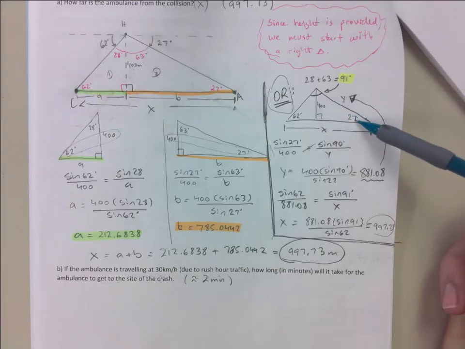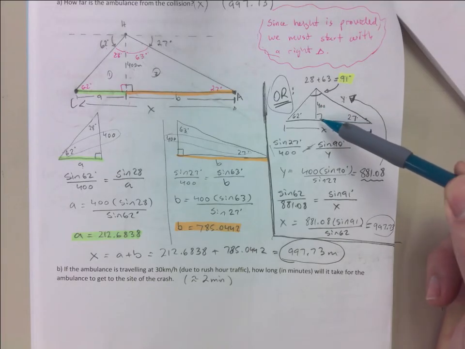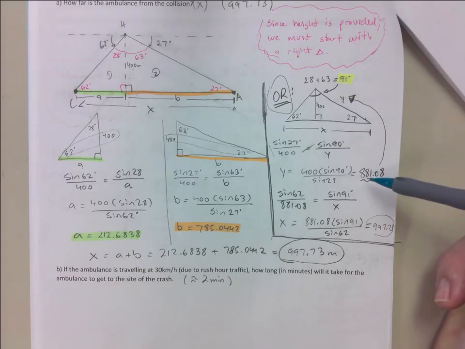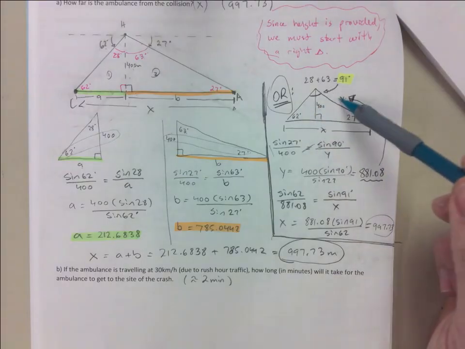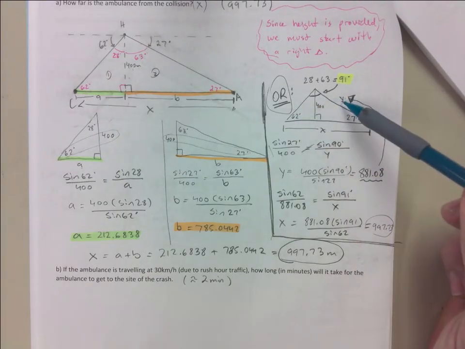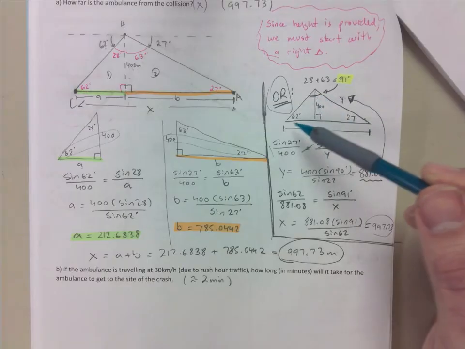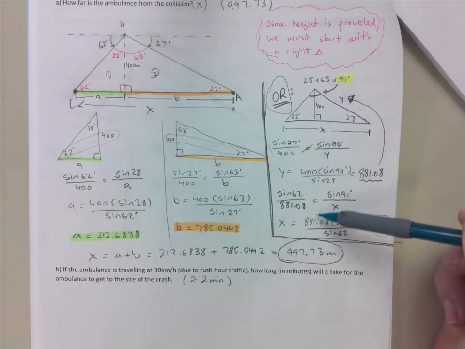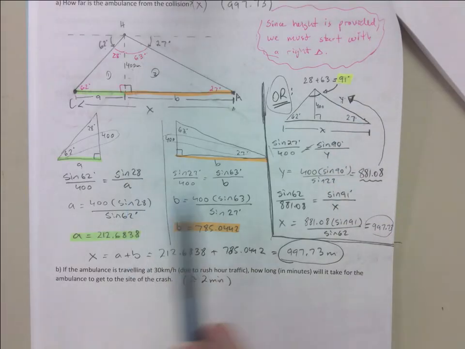You stick with your right triangle first, and then you find one of the slants. Once you find one of the slants, now you open it up to the big triangle. So you've got your pair, and then use that whole angle there to solve for the whole side down there. So this is another method of doing this. Whichever one you like, you go for it. Whichever method you prefer.